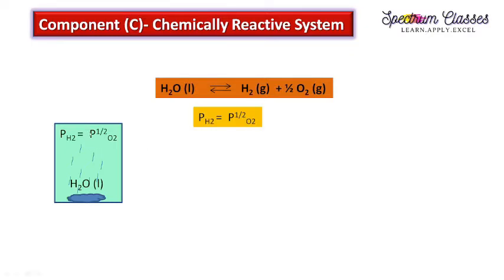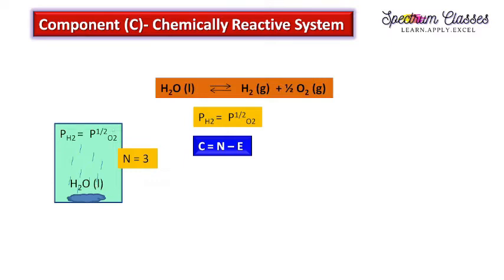If this decomposition is carried out in a closed vessel, it means the hydrogen gas produced is equal to the oxygen gas produced. So the partial pressure of hydrogen gas is equal to the partial pressure of oxygen produced, right? If we calculate the number of components by the formula C = N - E, where N is the number of species and E is the number of equations relating their concentration terms, then we can count the number of species from this equation, right?